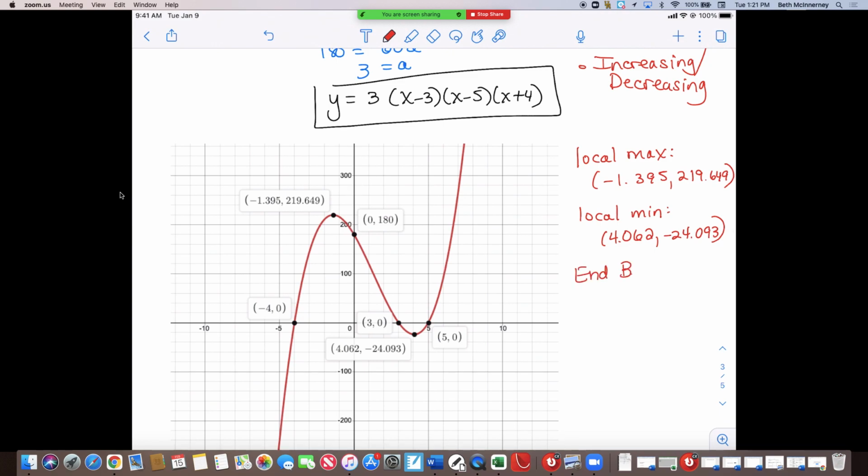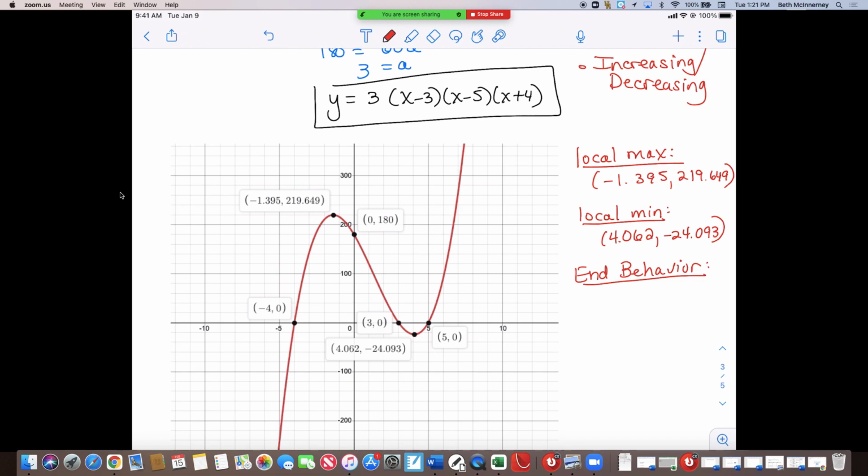Let's describe the end behavior. The end behavior has 2 rows to it. Yeah, Angelo? No, end behavior is always as x goes to negative infinity and x goes to positive infinity.